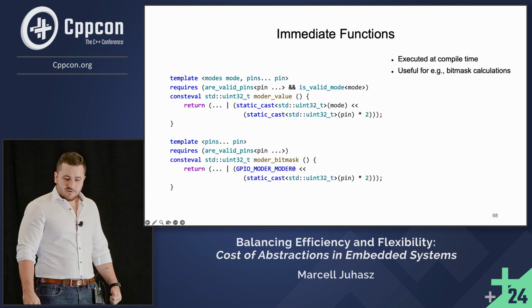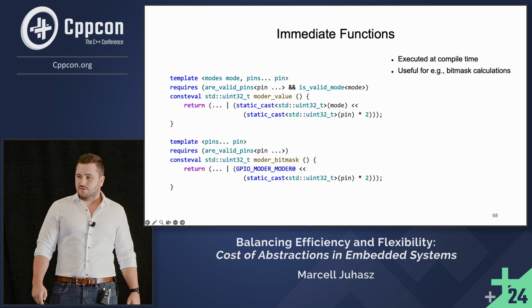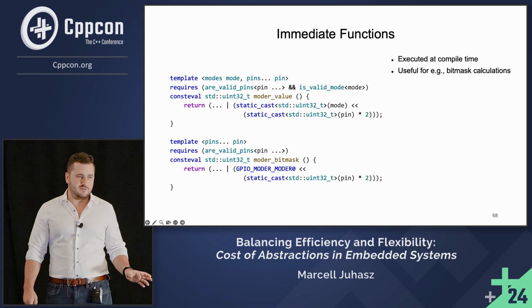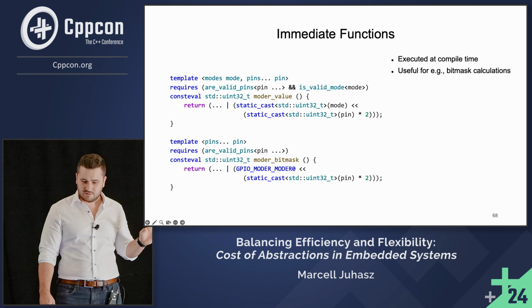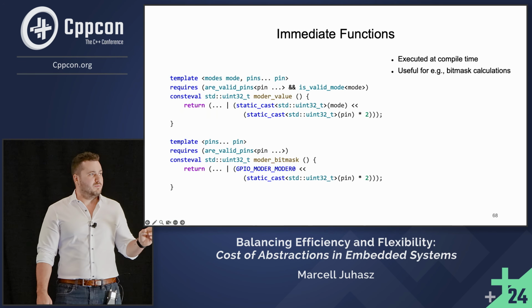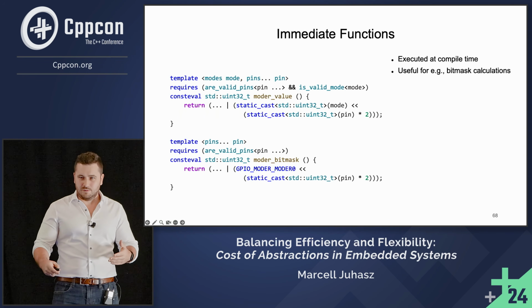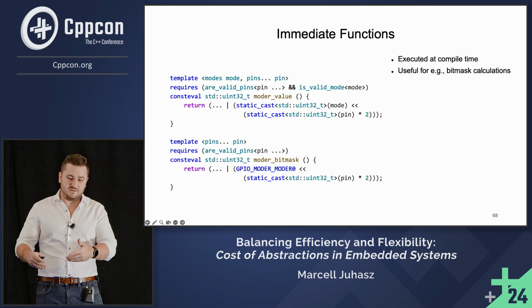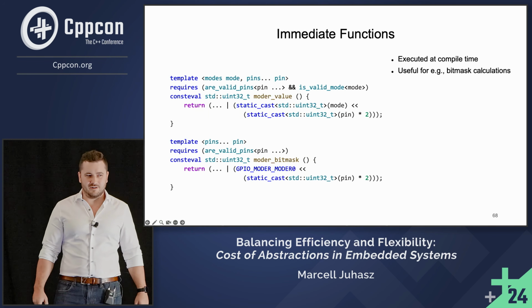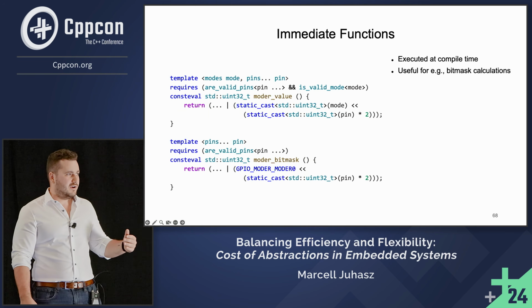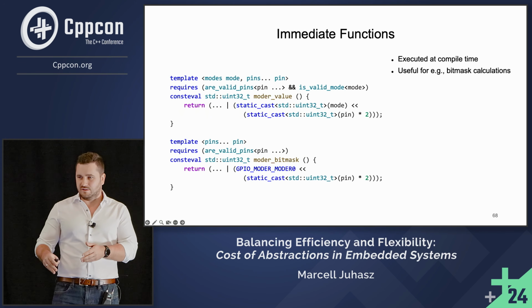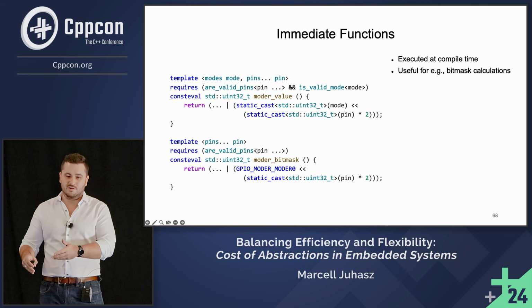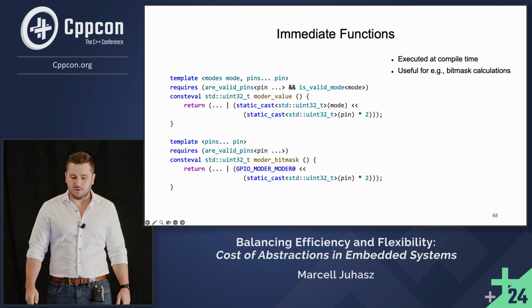Another very powerful feature and very useful for embedded systems is immediate functions, because these functions are guaranteed to be executed at compile time. And I extensively use these for bitmask calculations, because if you already know what bitmasks we are going to use during operation, then it makes a lot of sense to calculate them at compile time, and then at runtime the binary can just simply use the pre-calculated bitmasks.